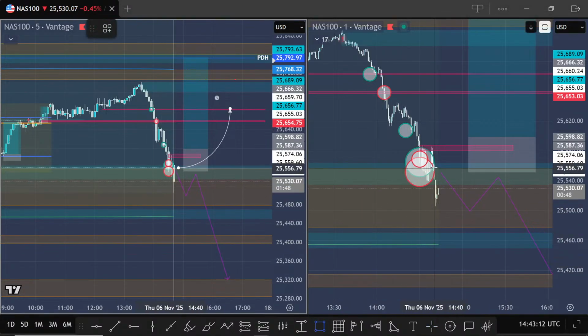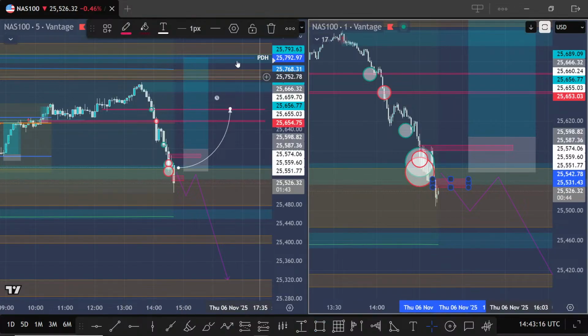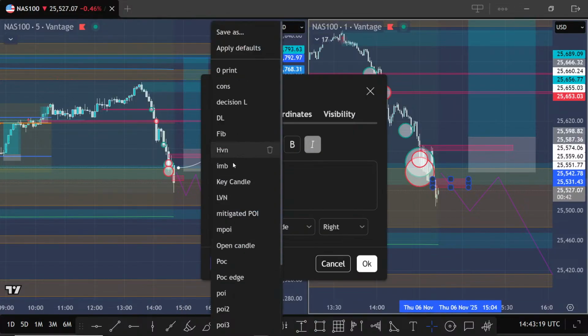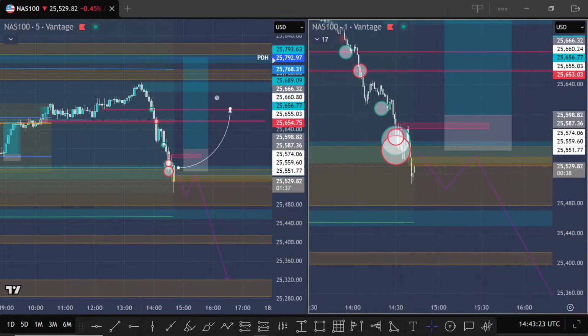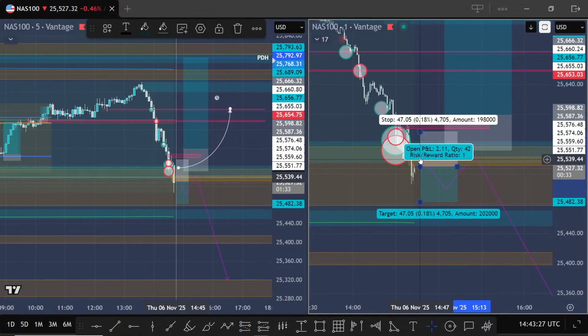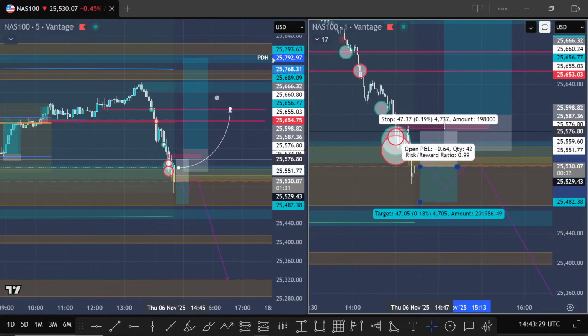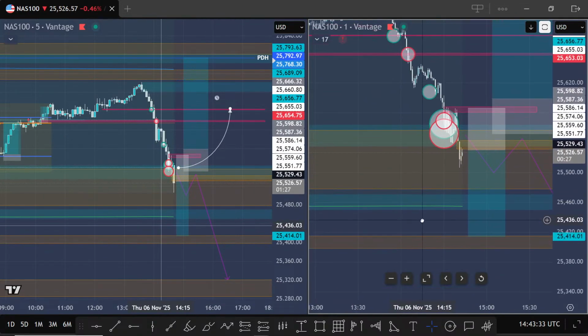Or we can look at this and say, well, there's a low volume node here. If we get an aggressive sell in here, we can enter like that, and then target the previous daily low or the next low volume node.